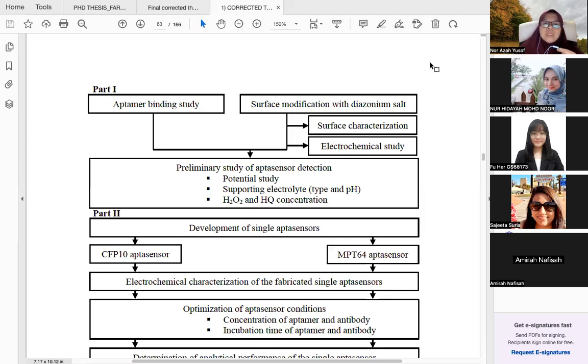The second one that we looked at, from two examples, is the introduction: how you introduce, how you put your problem statement, objective, scope of study, limitations in chapter 1.